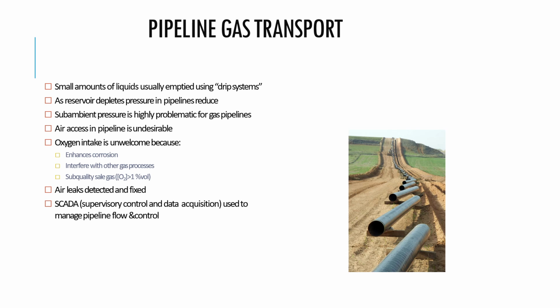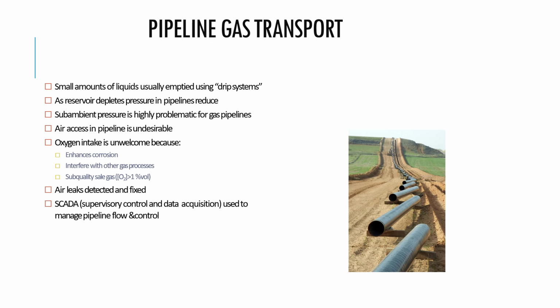In these pipelines normally you will have certain technology. You can sometimes use certain sensors or certain techniques in order to predict or to detect exactly where the leaks are coming from in the pipeline, which is something that can't easily be done.